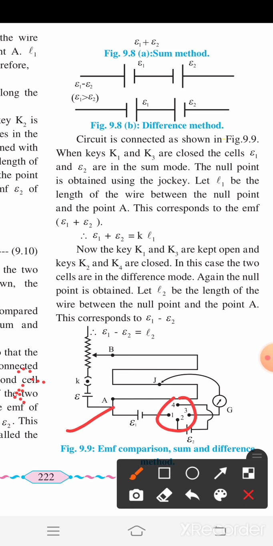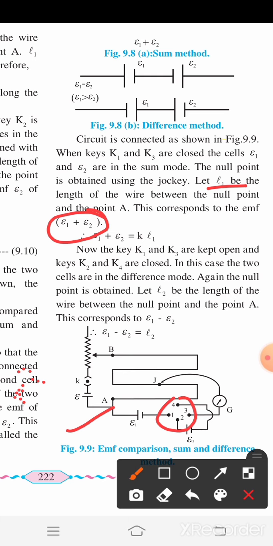Let L1 be the length of wire between the null point and the point A. This corresponds to the EMF E1 plus E2. This combination adds the EMF of the cells, that is, the effective EMF of these two cells is E1 plus E2, because we use the sum mode here.